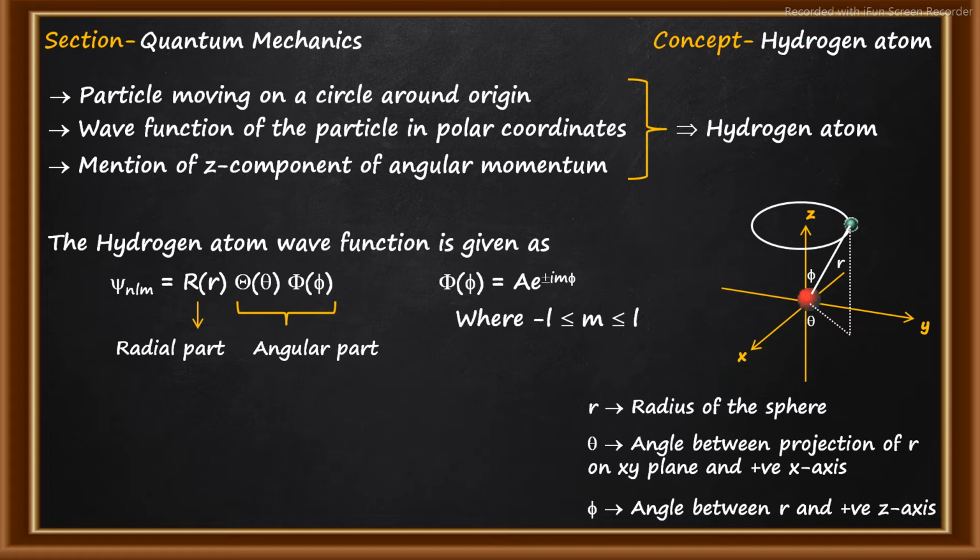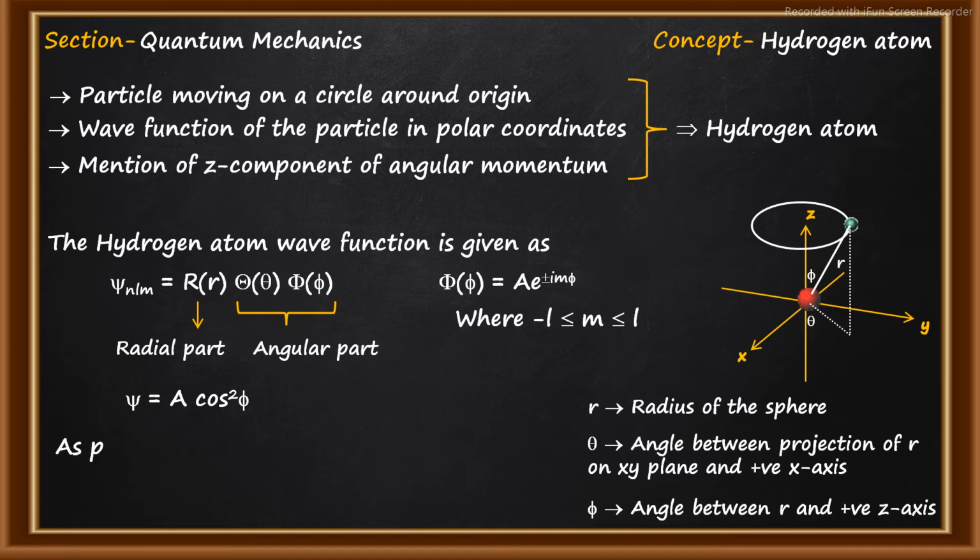This is the general format, and we are concerned only with the expression of phi, because our given wave function is in terms of phi, that is A cos square phi. In order to calculate the eigenvalues of Lz, we must know this quantum number m, which we can use to find the eigenvalue. So we have to convert it into exponential form so that we can compare it with this general term and calculate m.